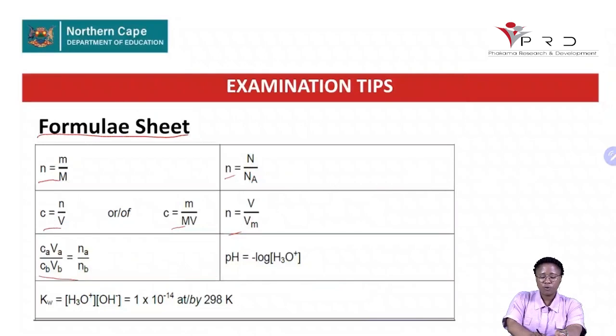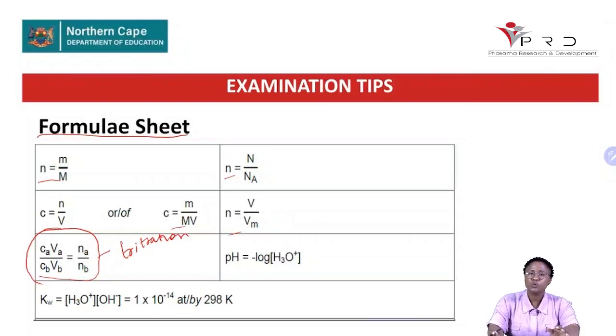And this formula over here, the tip that I'm giving you, you use when you are dealing with titration. So the keywords will be titration, endpoint, standard solution. When you see those keywords in the exam, just know that this is the formula that you need to use to calculate that.